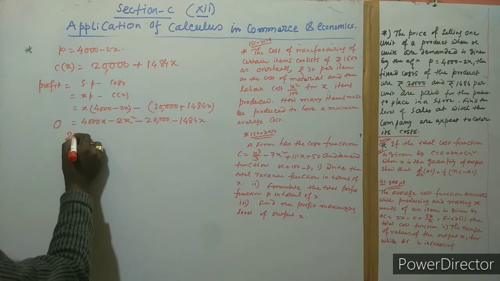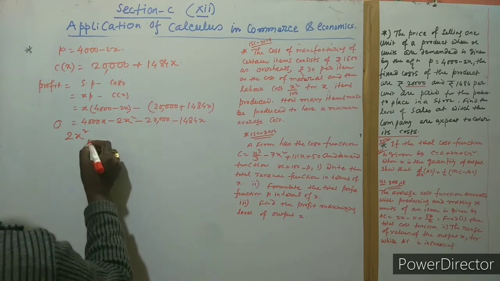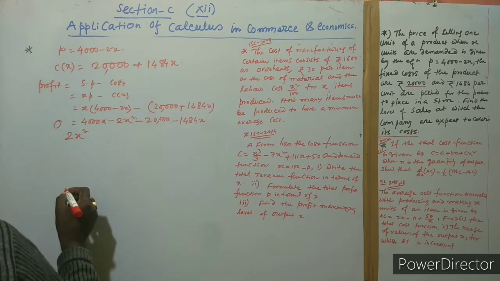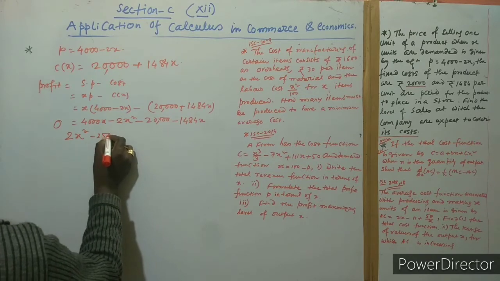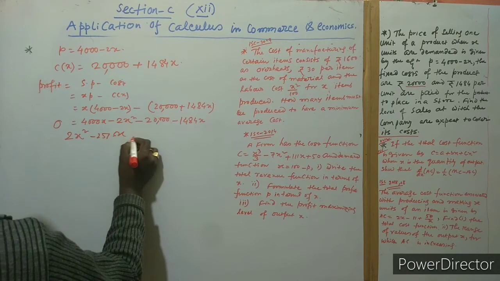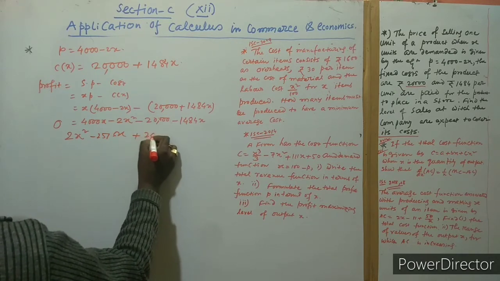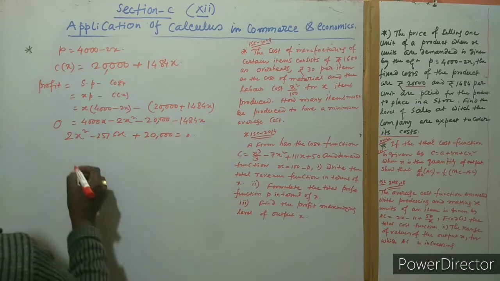So that's like 2x square, within the bracket, 2516x plus 20,000 is equal to 0.